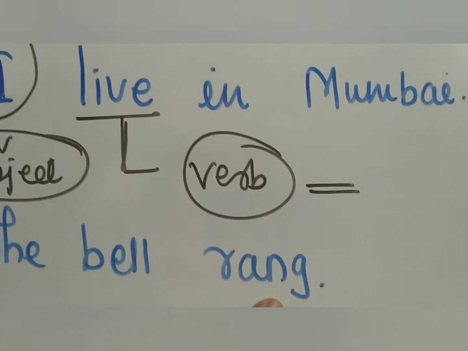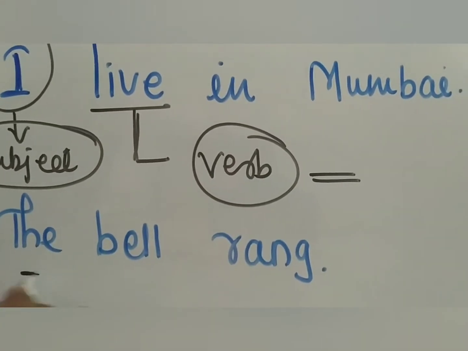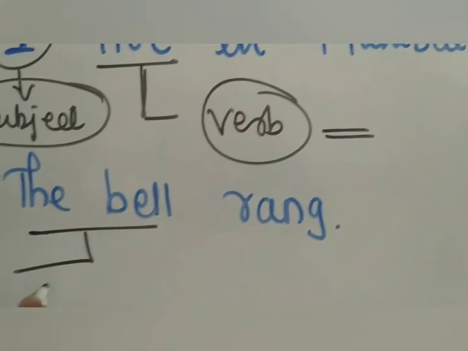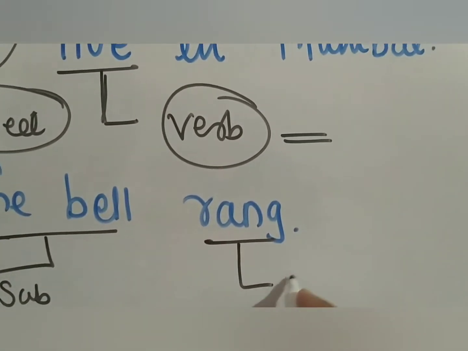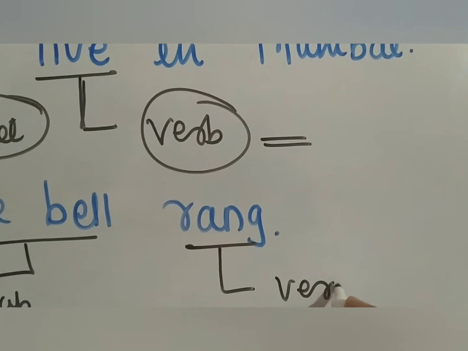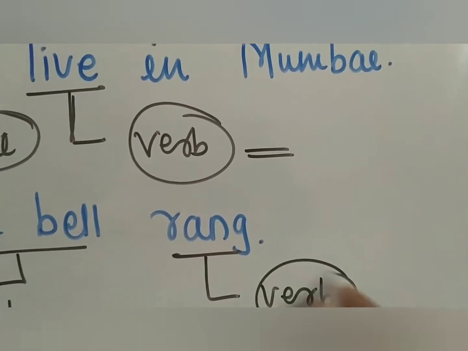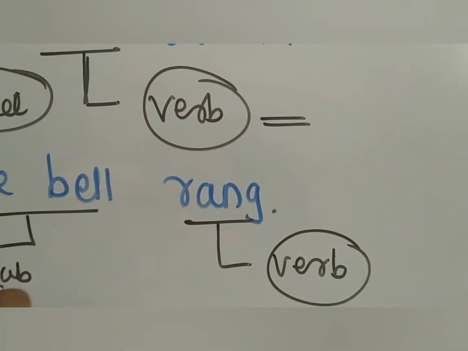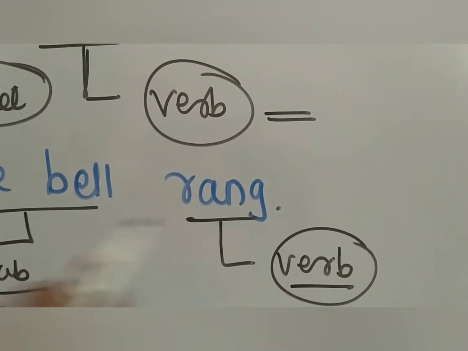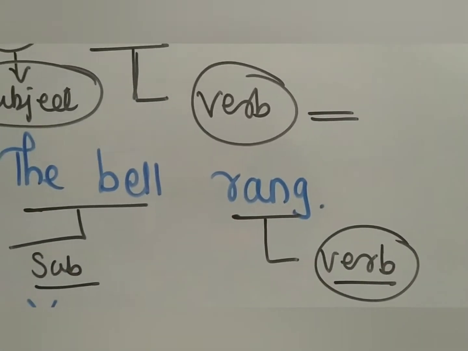The bell rang. The bell is the subject, rang is the verb. Ring, rang, second form of the verb. So it is also a simple sentence.